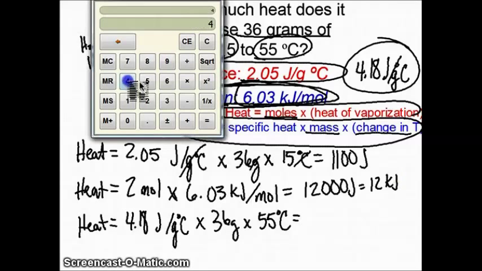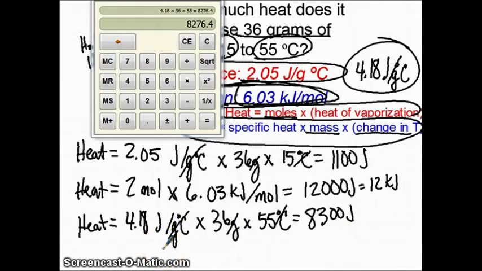And then our last one here, 4.18 times 36 times 55 equals, and we have 8,300, and that's in joules. So these will cancel here. Yeah, that's in joules. So then we can just add up all my energies here, and that's going to be the total energy.